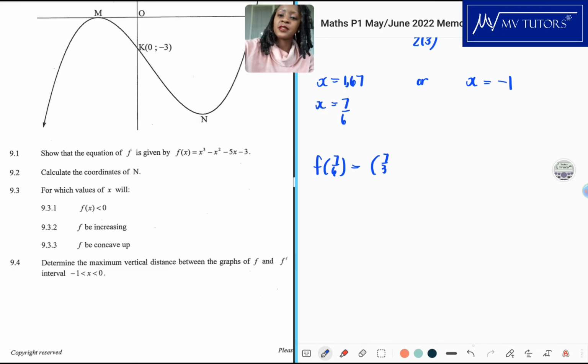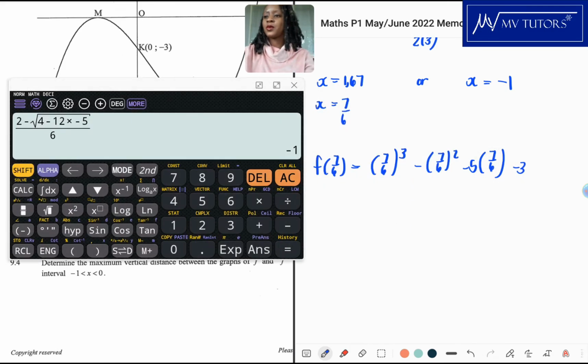So 7 over 6 cubed minus 7 over 6 squared minus 5 times 7 over 6, and then minus 3.